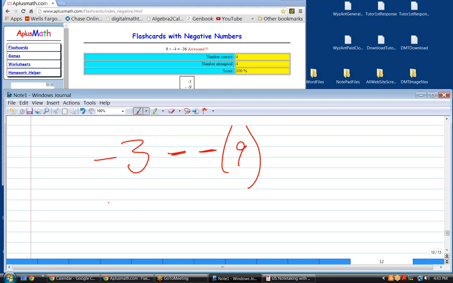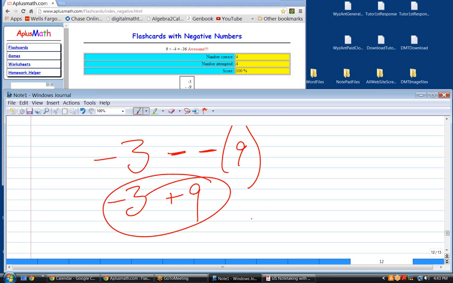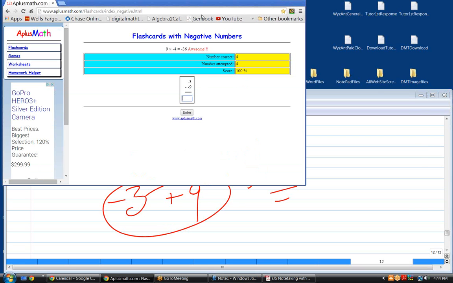Yeah, in other words, let's rewrite it as -3 plus 9. Now what is that? 27? Wait, no. Not multiplying. Yeah, 12. We got a negative. If it was 3 plus 9, it would be 12. Okay, positive 6.